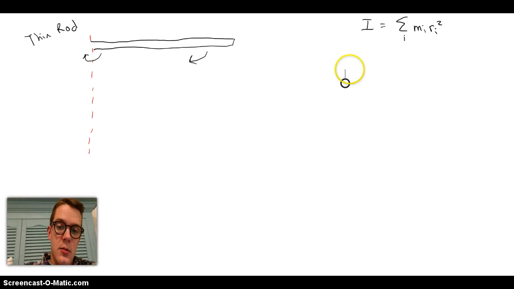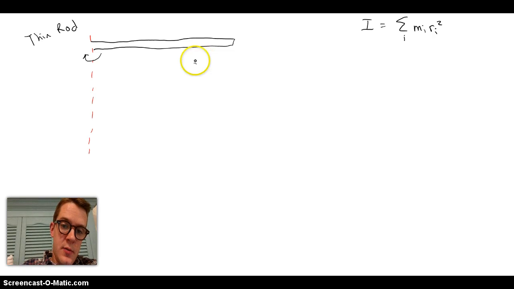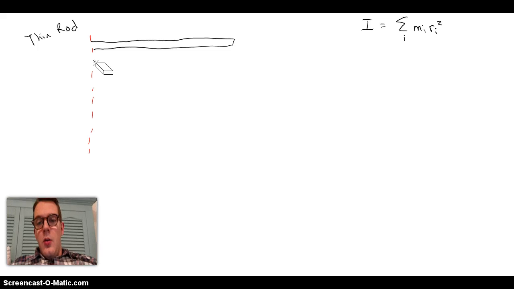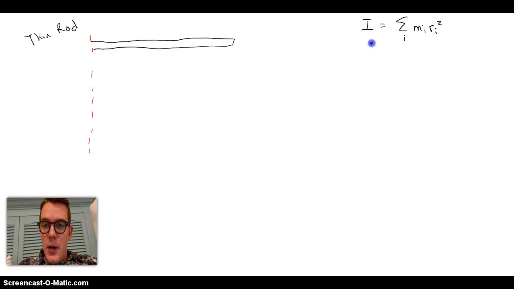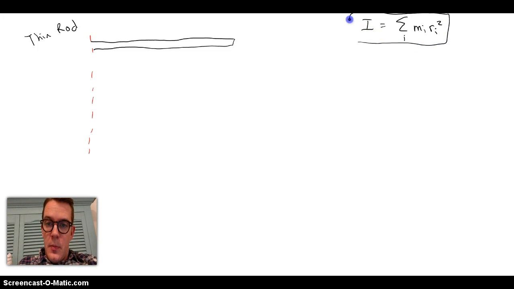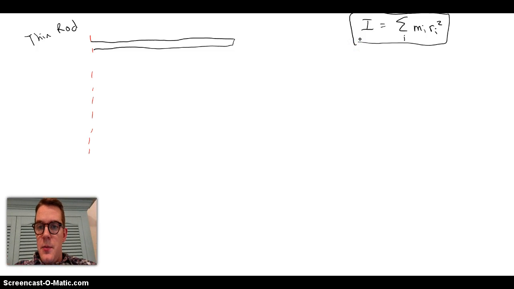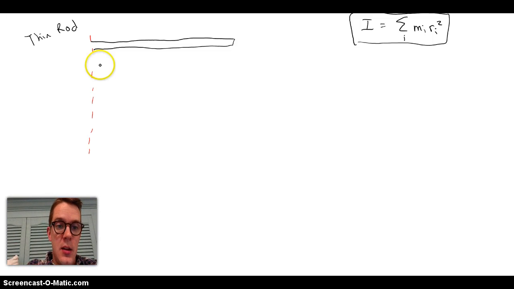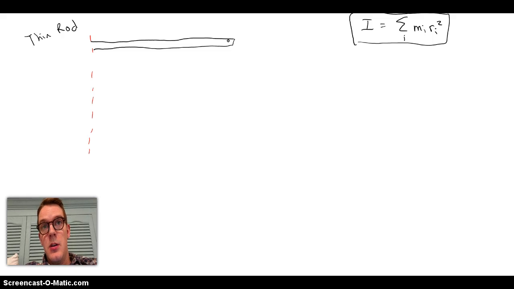Alright, so how do we find the moment of inertia of this? Well, if you look at our equation here, that's for point particles. And it's not so easy with an extended object like this, because there are many r values here. There's not like one piece of mass at one r that we can clearly see.